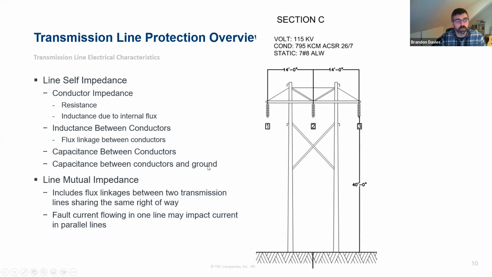So if we were in a corridor where we had 4 or 5 lines, it can determine what the mutual impedance impacts are between one line and another. And that's one of the things that we would take and enter into our fault model, like Aspen or CAPE or some other software, to accurately model how the system is going to respond to different conditions.